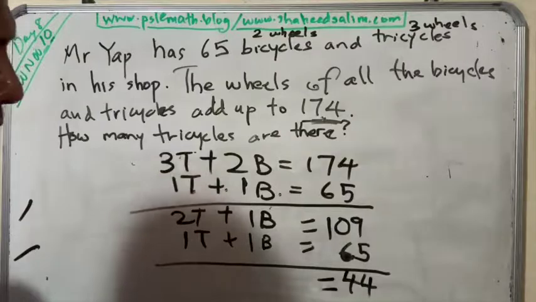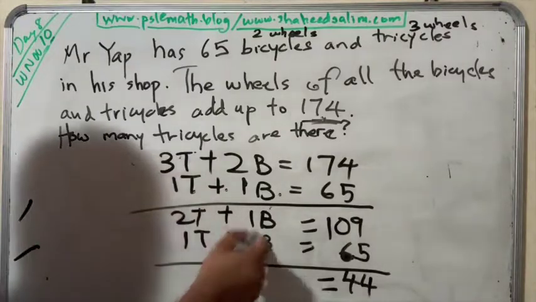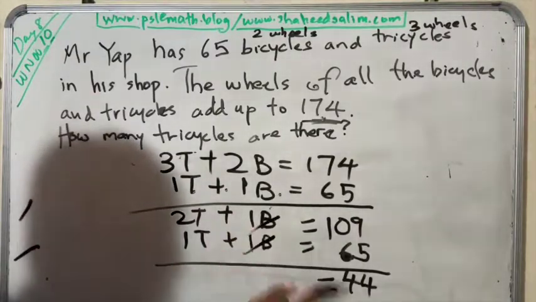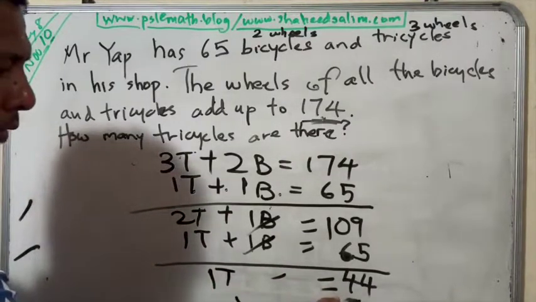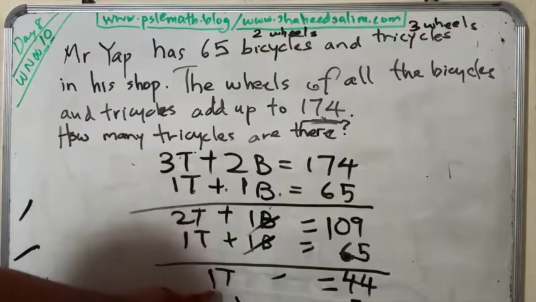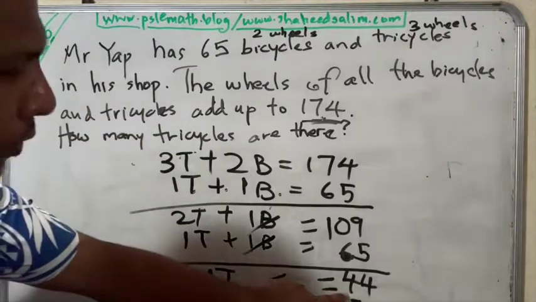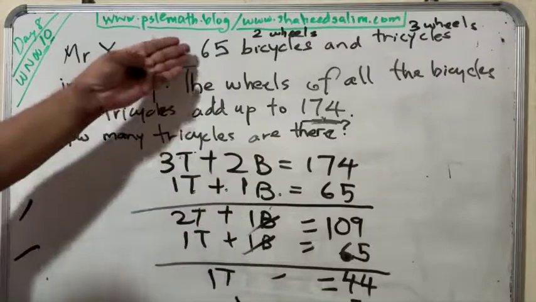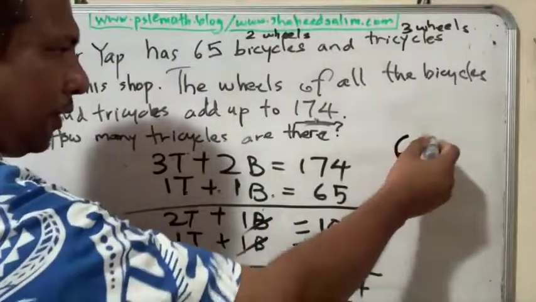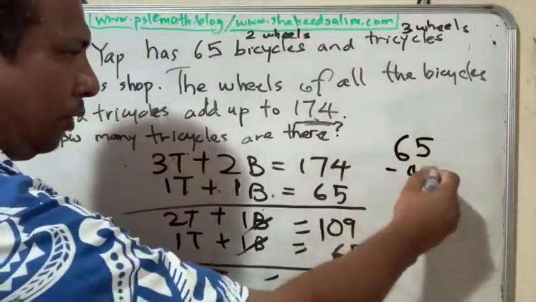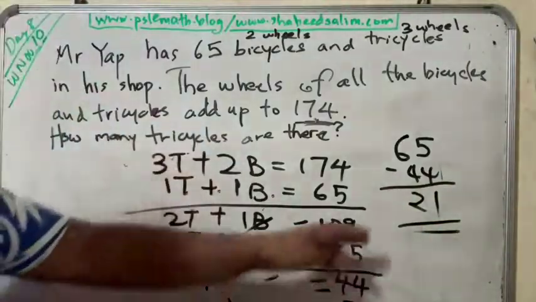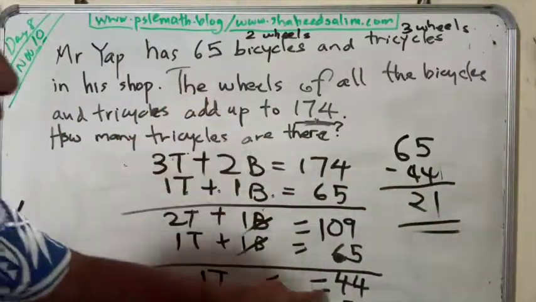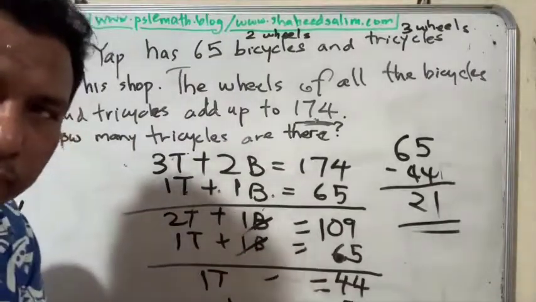Am I correct? 109, yes. 1b minus 1b, nothing. 2t minus 1t, you get 1t. 1t equals 44. So the number of tricycles is 44. You want to find the number of bicycles? It's 65 minus 44, which is 21. So you have 21 bicycles and 44 tricycles.